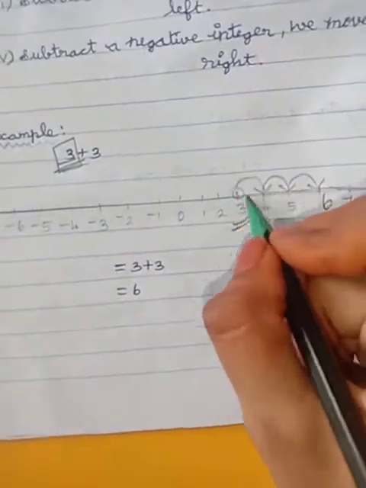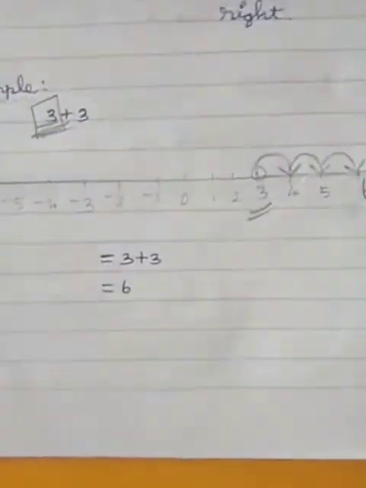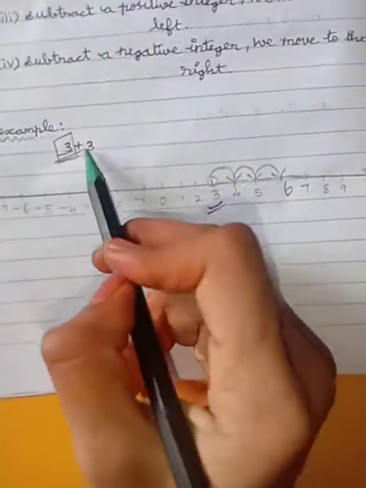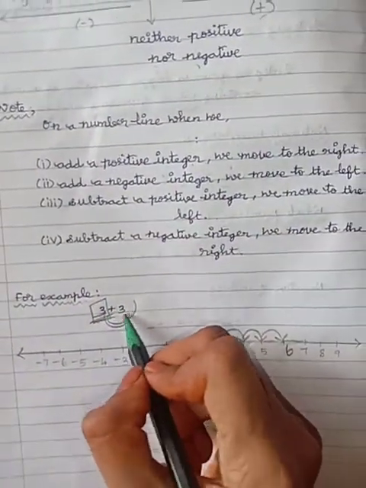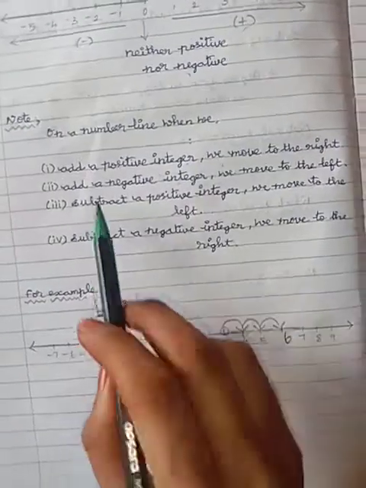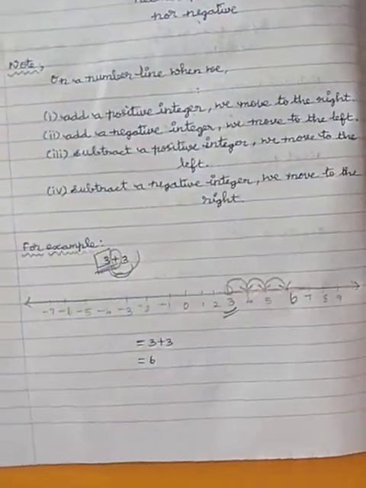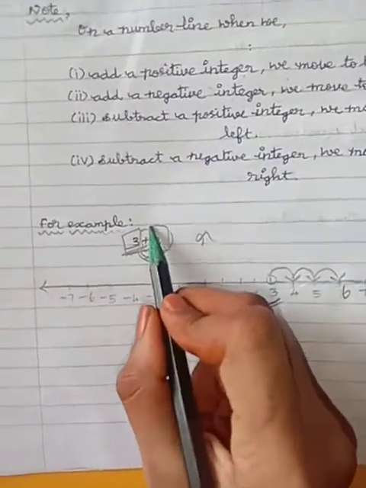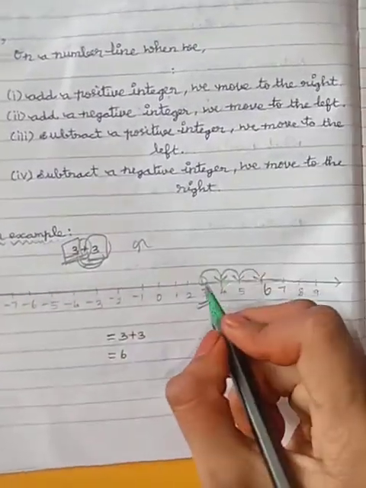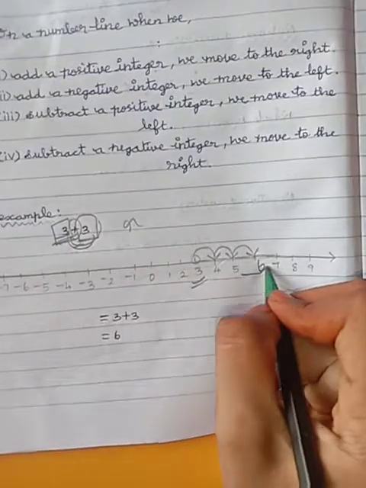We have put a dot and circled it. This is the marking point. Then we need to add 3, which is adding a positive integer, so we move to the right. How many steps? 3 steps: 1, 2, 3. So 6 is the answer.